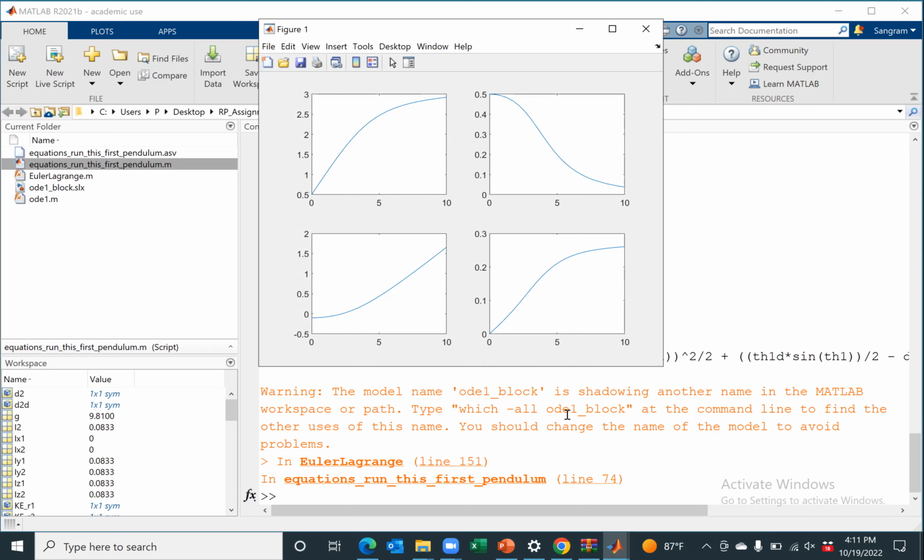L2 is equal to 1 multiplied by 12 divided by 0.5. Anything else?